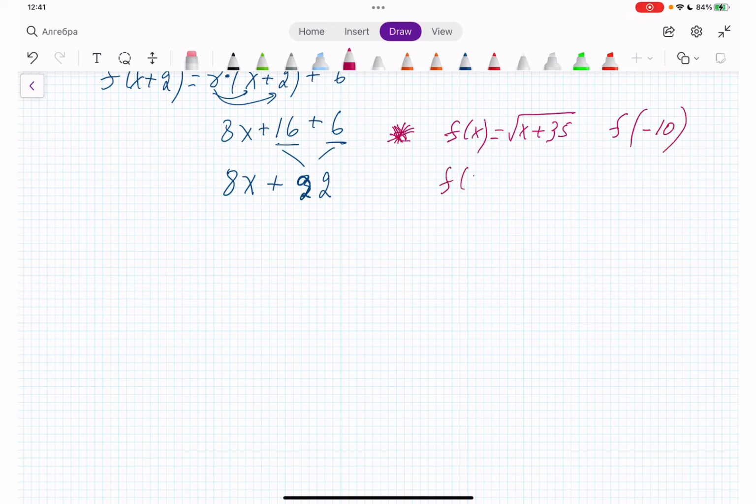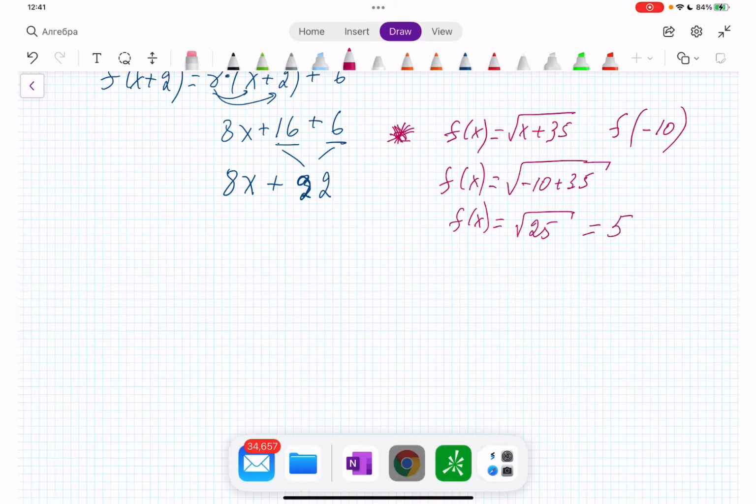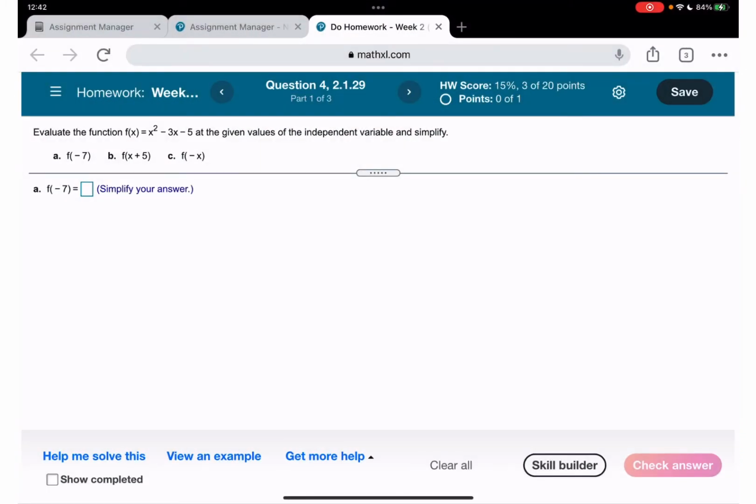So f of negative 10 is equal to square root of negative 10 plus 35. So f of x is equal to the square root of 25, right? Negative 10 plus 35 is 25. Square root of 25 is 5. Okay? Okie dokie.